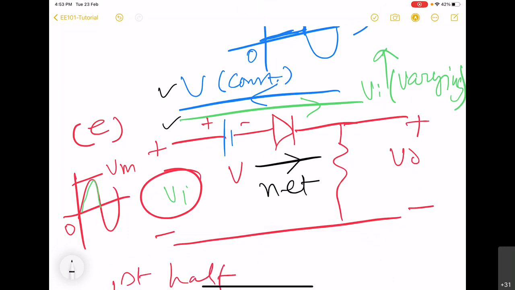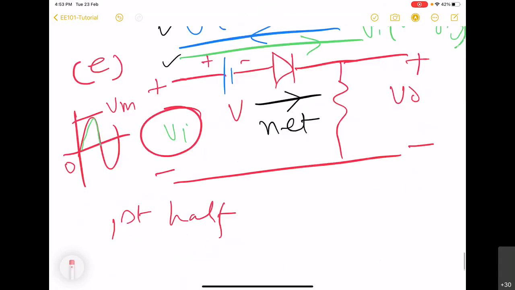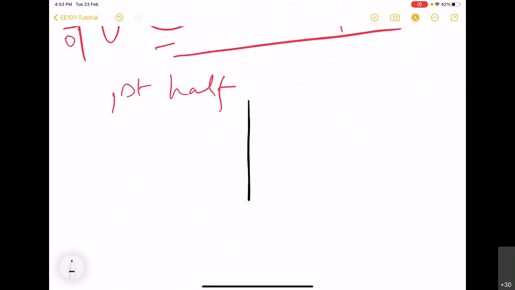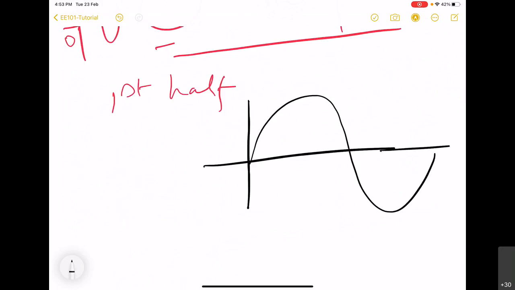So definitely in the beginning, the net voltage is going to be in the reverse direction, in the direction of constant V, right? So during the positive half, the diode is definitely going to be off.